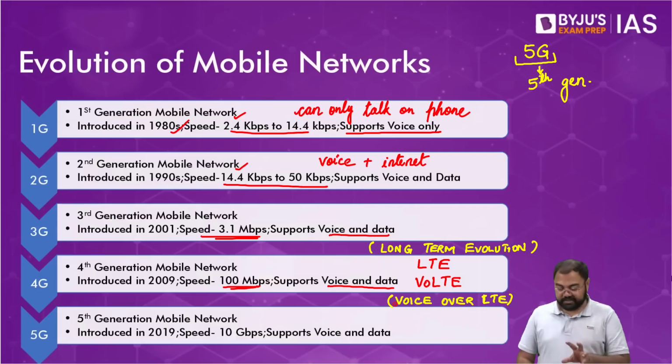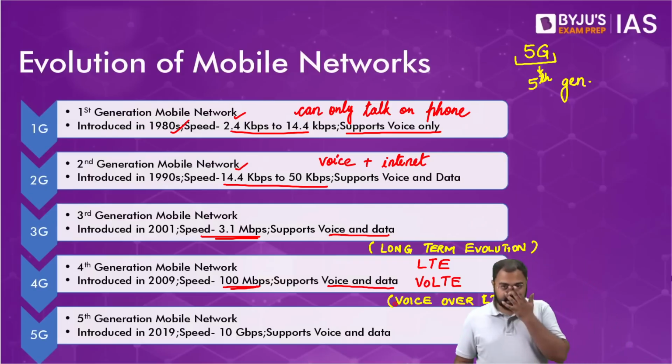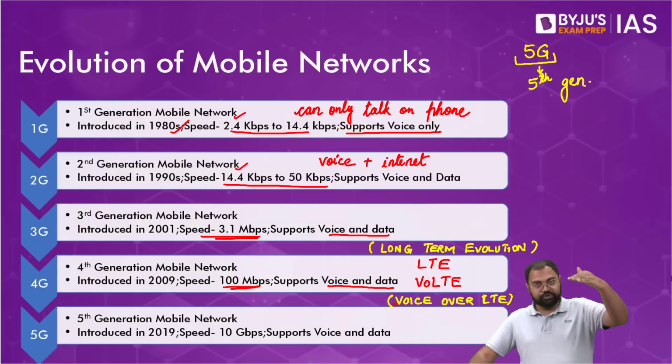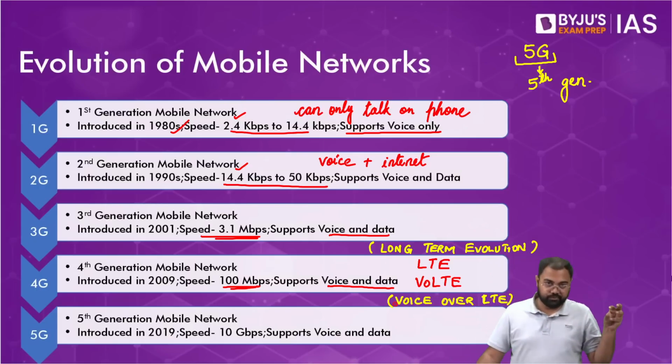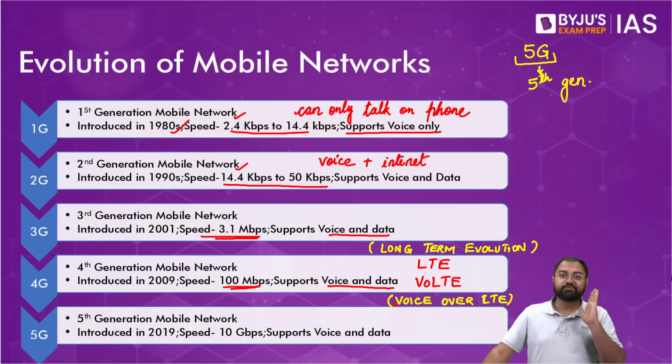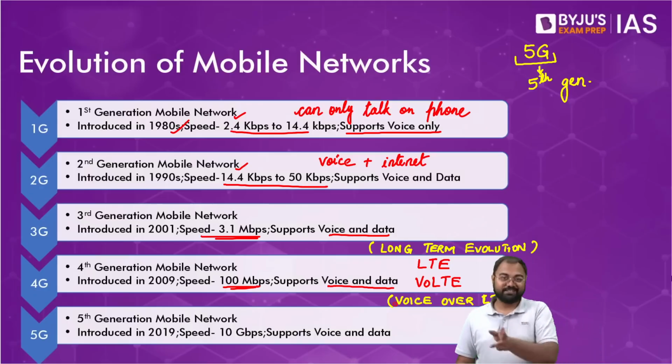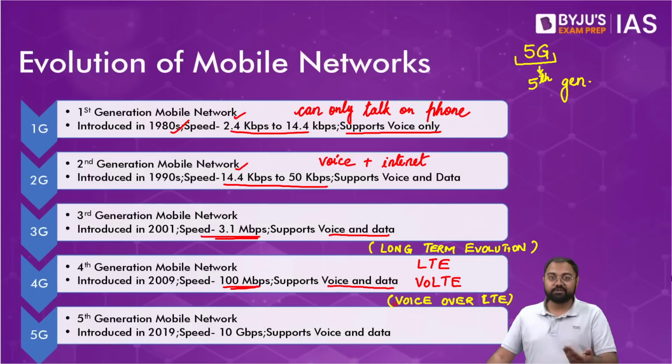Now, until LTE, in 2G, in 3G, and up to 4G LTE, you could either talk on the phone or use the internet. You can't do both at the same time. If you are talking on the phone, the internet connectivity goes.